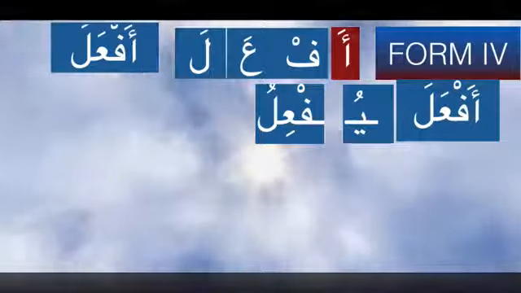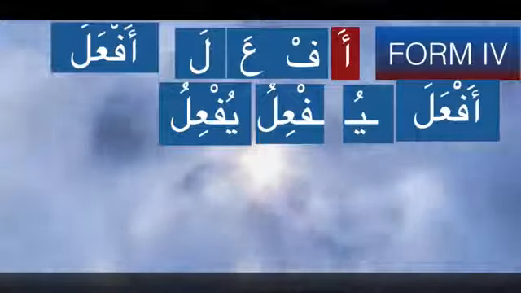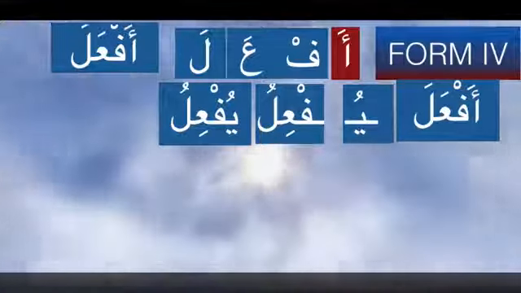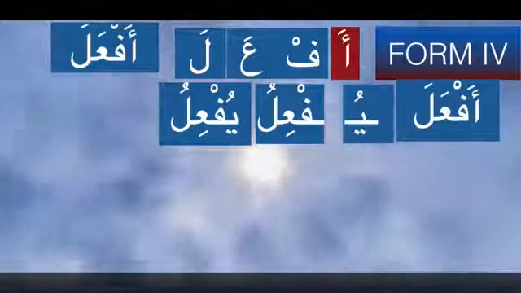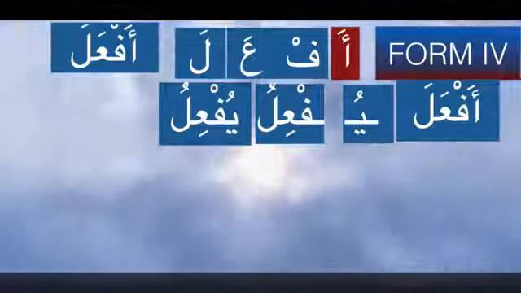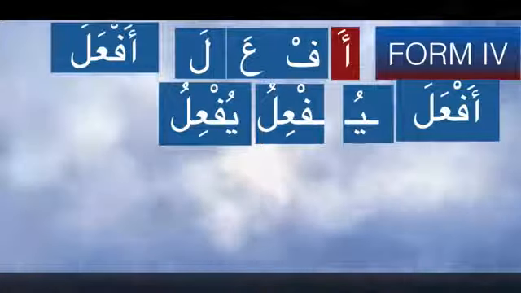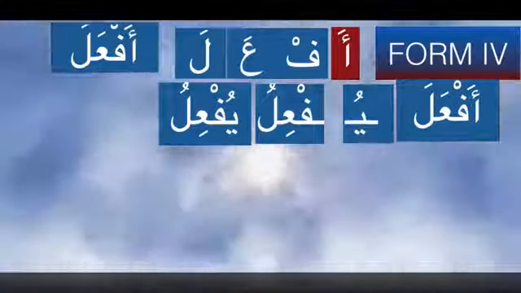So instead of yu'afa'ilu, what we get is yufa'ilu. So it looks like a 3-letter verb, alamatu mudari and 3-letter. But now we know, because it's beginning with dhamma and the fa kalima has sukoon, it's form 4, and that hamzatul qata is dropped. That's why it is yufa'ilu. It's not yafa'ilu, it is yufa'ilu.